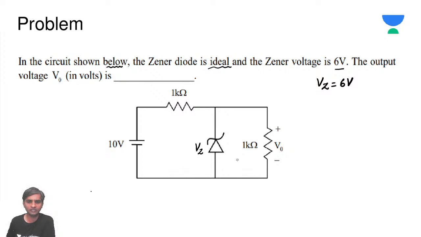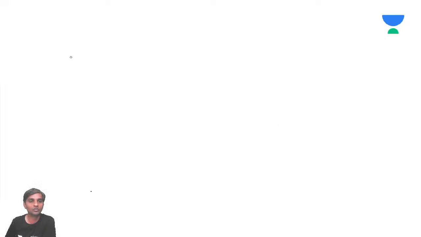By calculating the voltage across this V0, right? So what would be the voltage drop across this V0, sir? Simply we'll apply the voltage division rule. The voltage drop across the Zener diode is going to be the applied voltage times the resistance, 1 kilo ohm by 1 kilo ohm plus 1 kilo ohm.